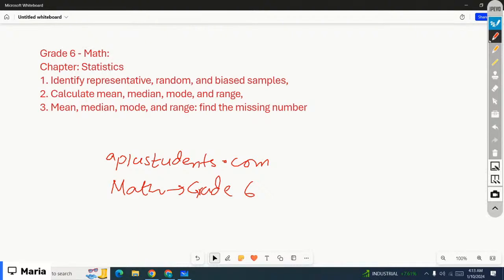We're going to start with the chapter statistics, and the lessons we're going to cover today are identify representative, random and biased samples, calculate mean, median, mode, range, and then mean, median, mode, range find the missing number, right?